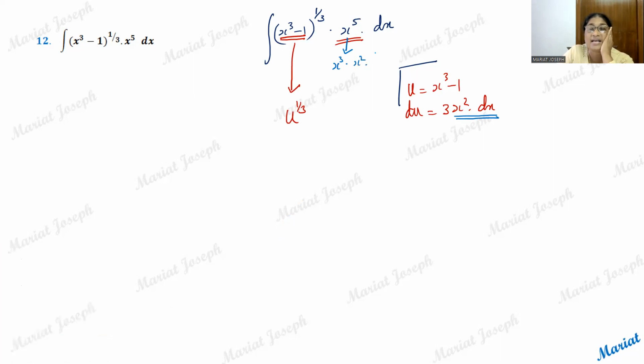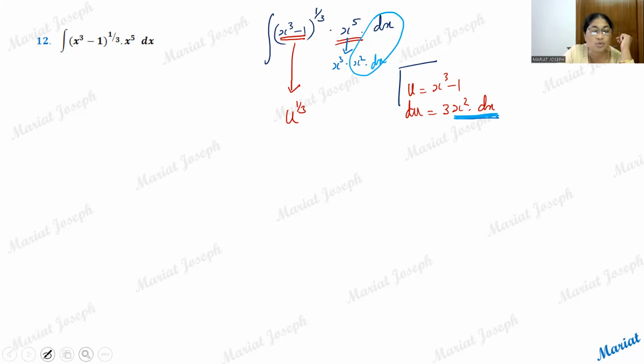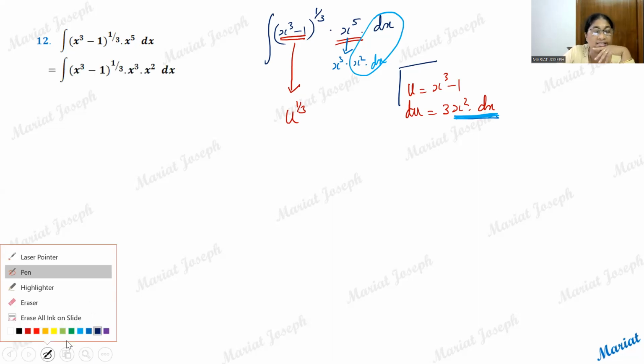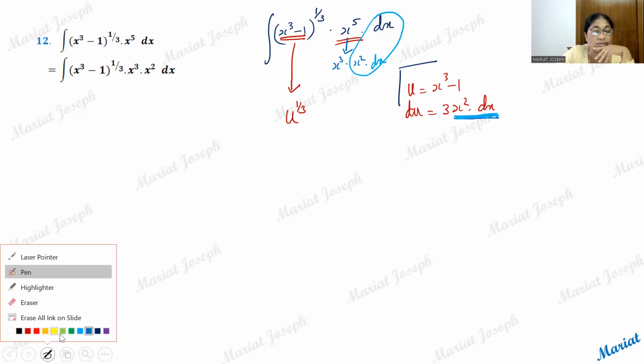If you write it as x cube into x square, this x square dx we can change as du by 3. See this. Because of that, the question, first of all, you're going to rewrite. Only then you give the substitution.